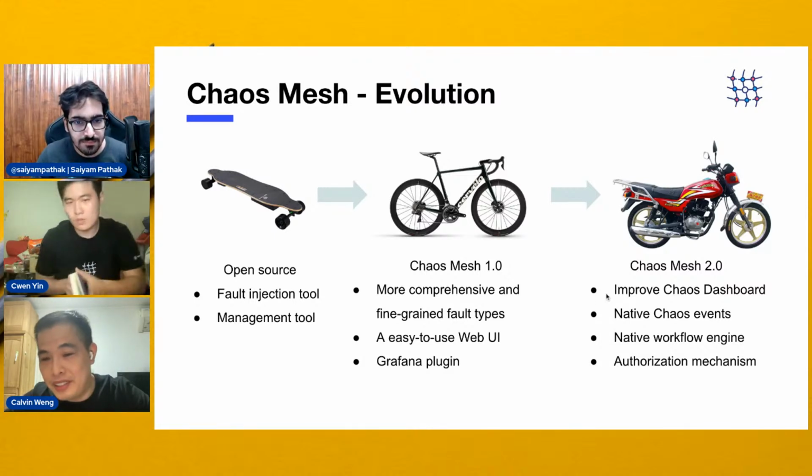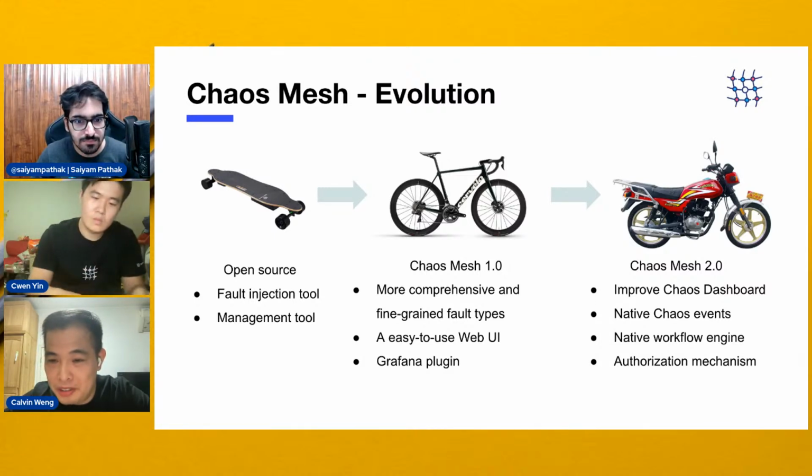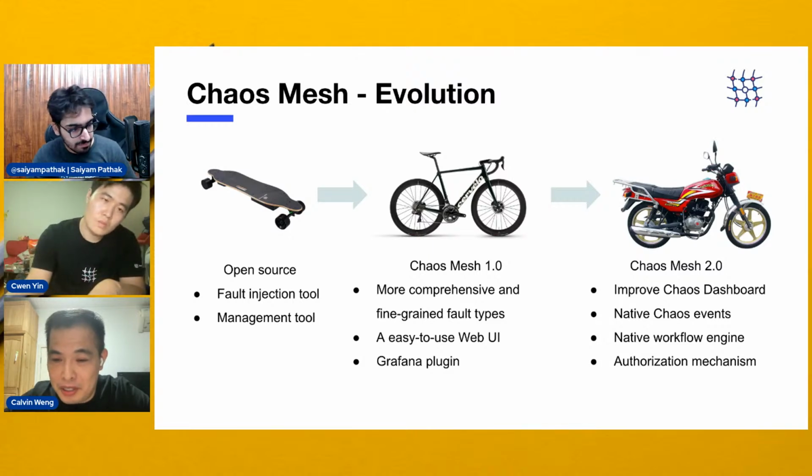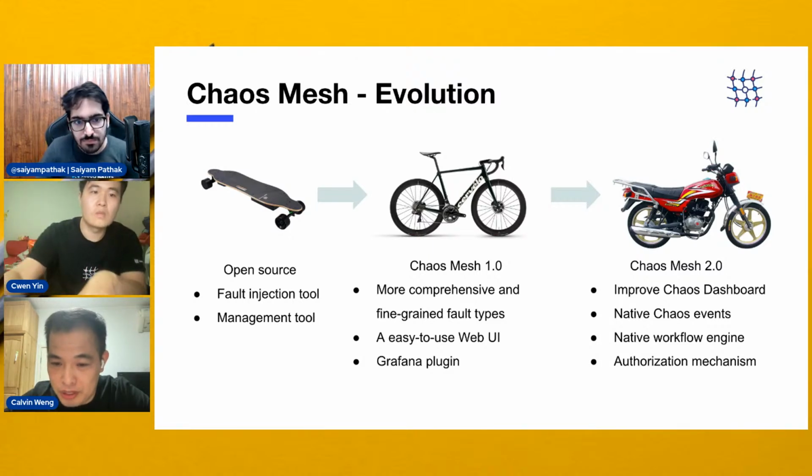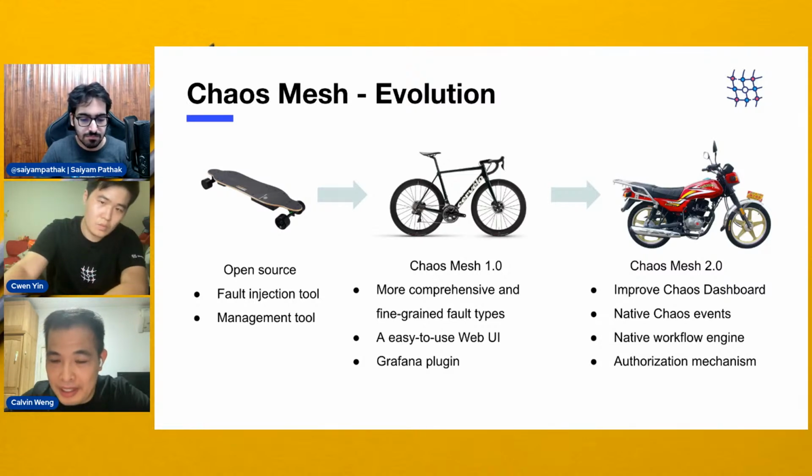And then for Chaos Mesh 2.0, which we just released, we got an improved Chaos Dashboard, and we got native chaos events, and we got a very native workflow engine that we built from scratch, and we got something related to security, which is the authorization mechanism for Chaos Mesh.